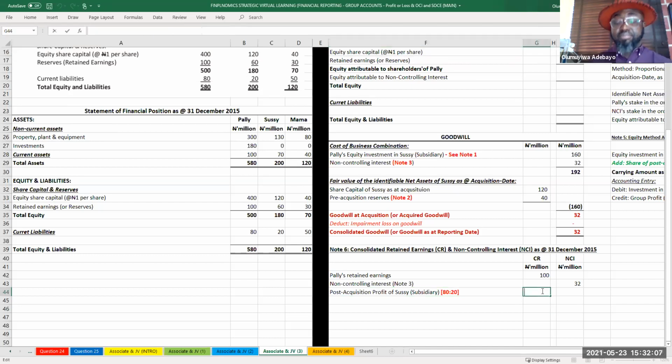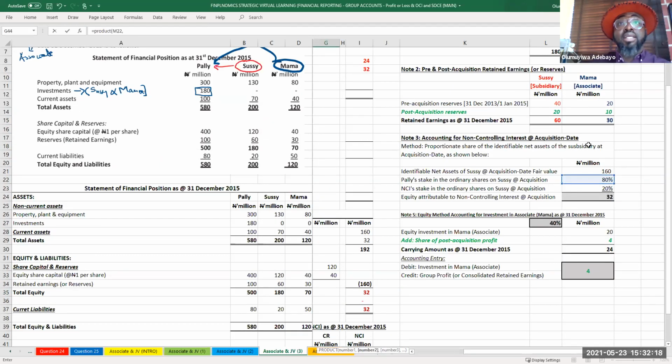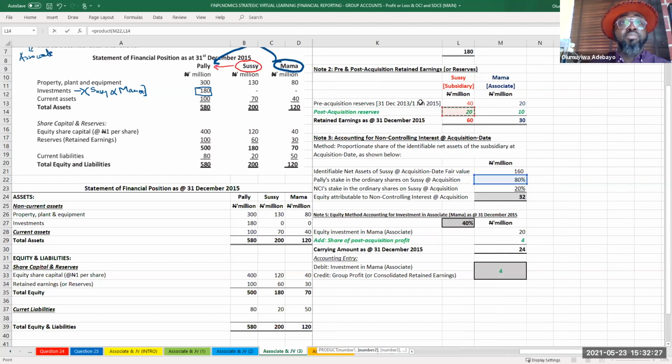Therefore, parent takes 80% of the post-acquisition reserve of subsidiary, which is 80% of the 20.